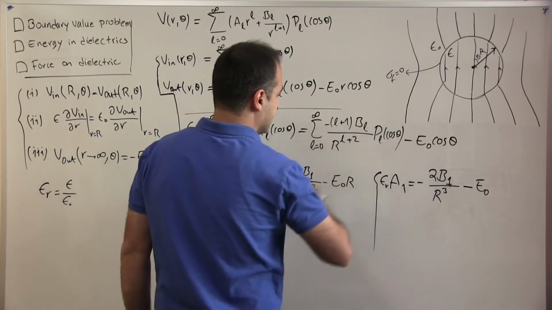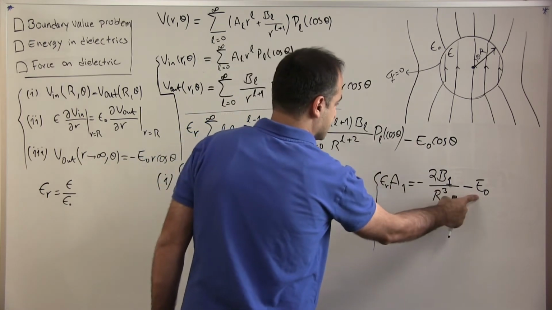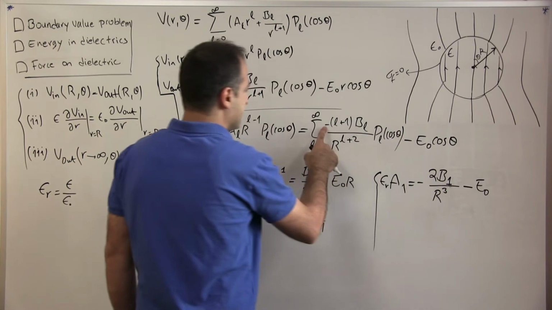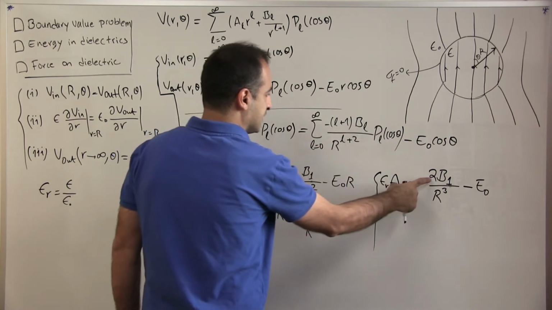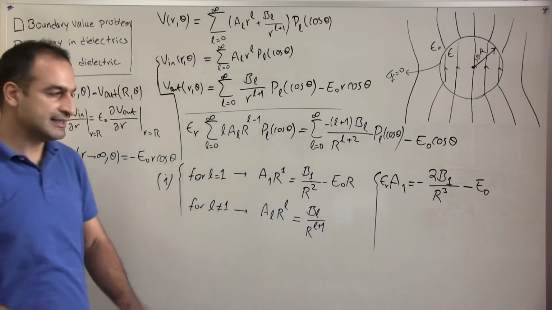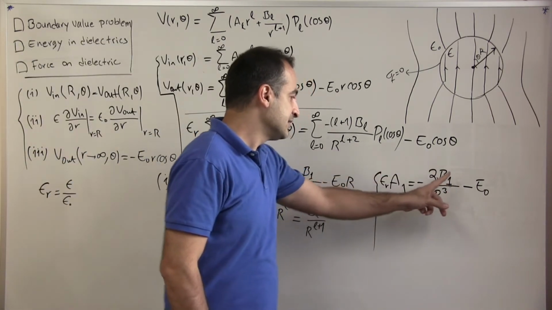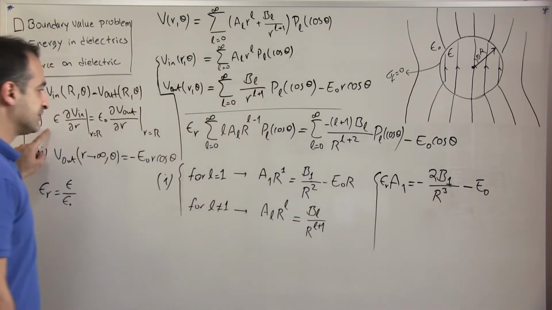From the right-hand side of the equation, we get E_0 from here, which is negative E_0 here. Negative of (L plus 1), we get 2 here, B_1 divided by R cubed. So that's going to be the relationship between A_1 and B_1 derived from boundary condition number 2.